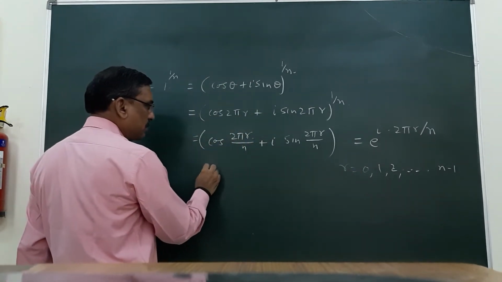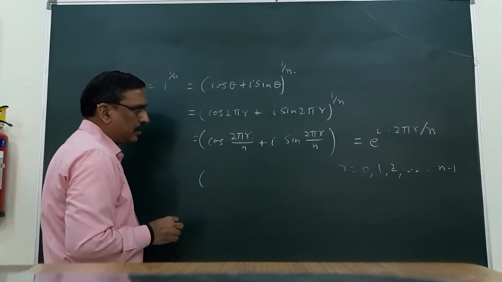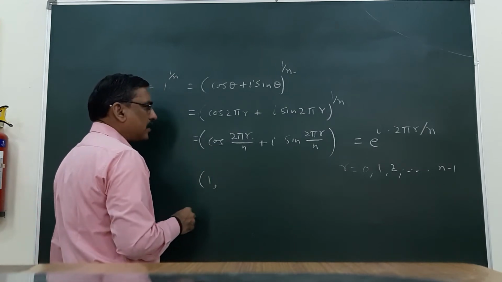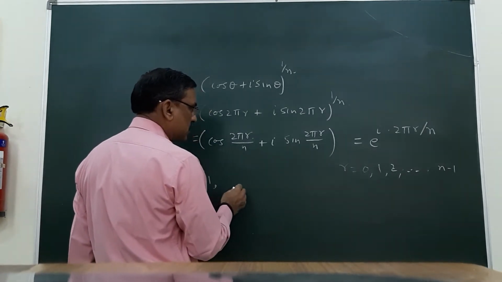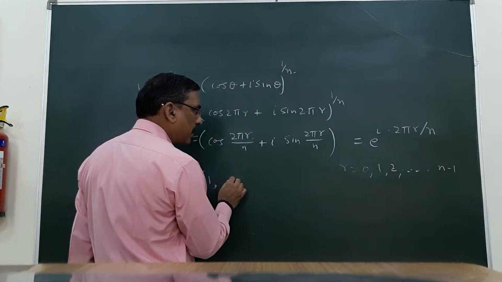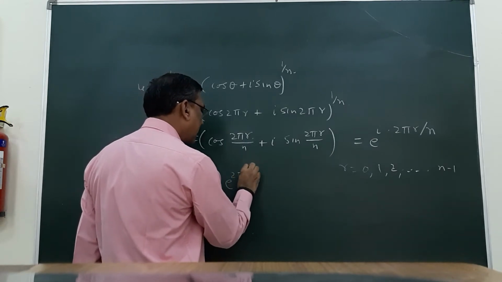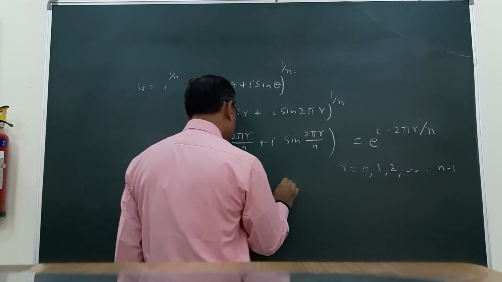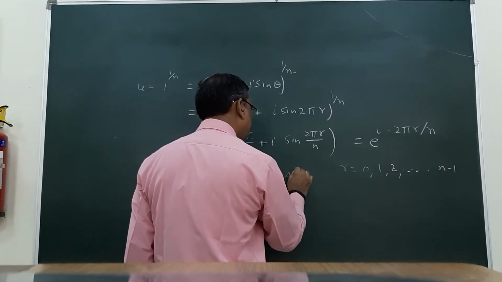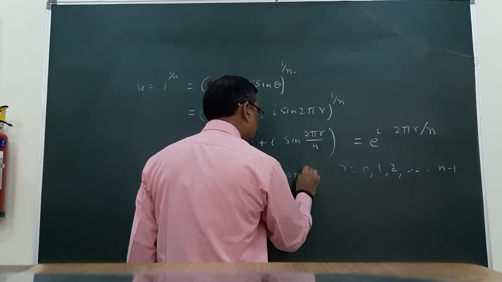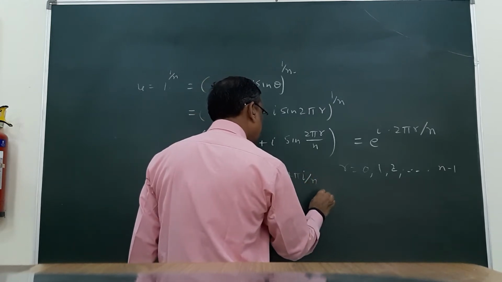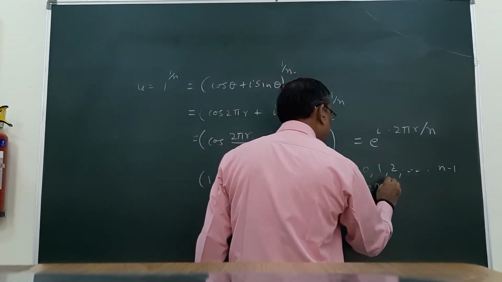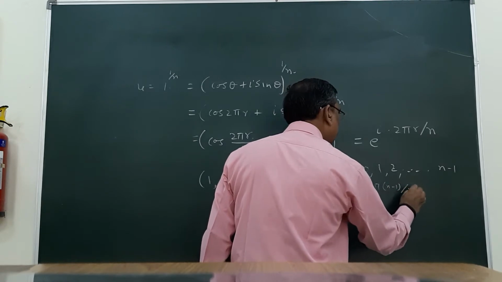So when we took r equal to 0, it is 1; r equal to 1, then it is e raised to the power 2 pi I upon n; and r equal to 2, it is 4 pi I upon n, and so on, up to e raised to the power 2 pi (n minus 1) upon n.